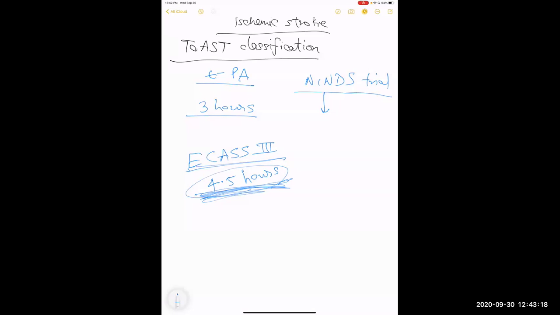About some of these patients, we did not usually give them TPA.